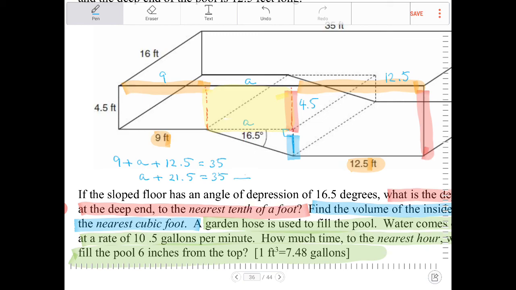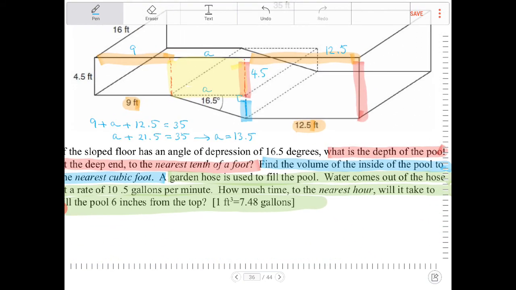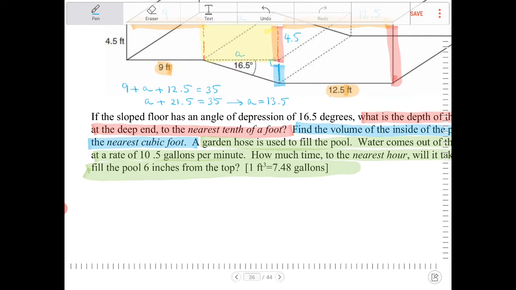Then if I subtract 21.5 from both sides, what will that get me? Well, 35 minus 21.5 is 13.5. So A is 13.5.